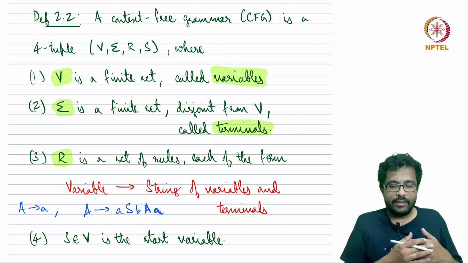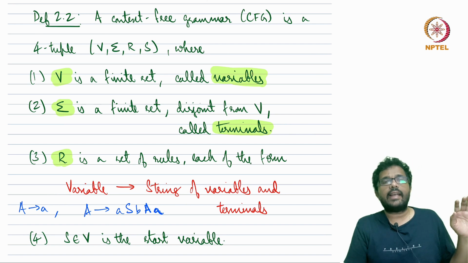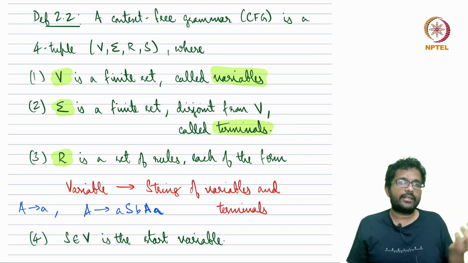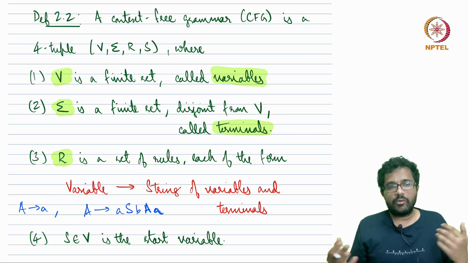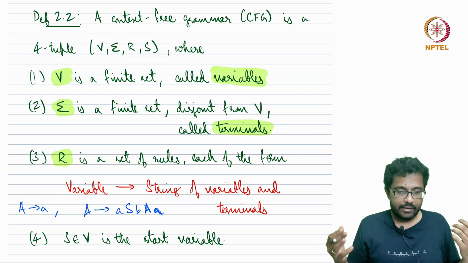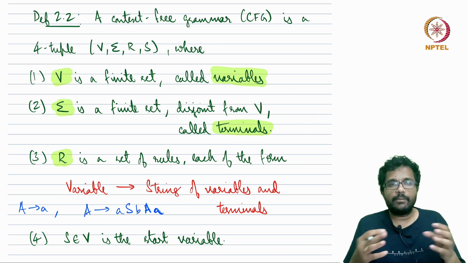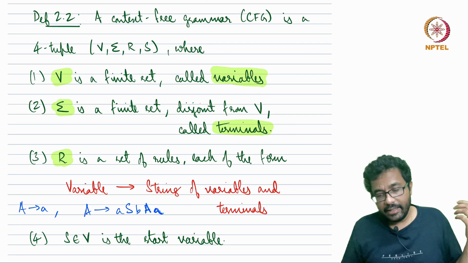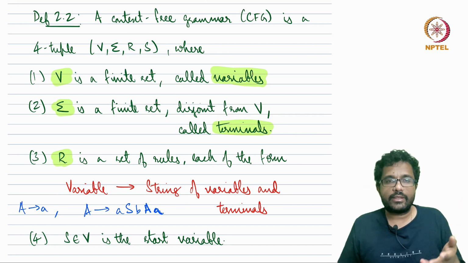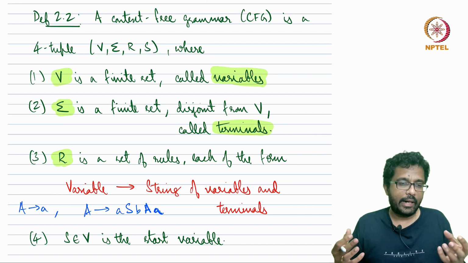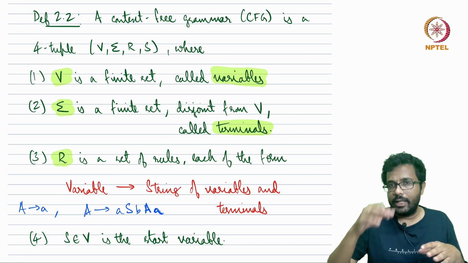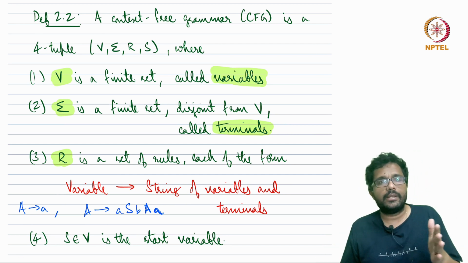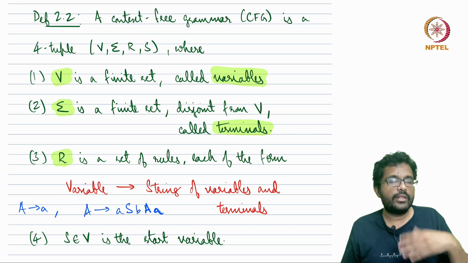Even though we call them terminals, in some sense this corresponds to the alphabet that we saw in DFAs, NFAs, etc. The string that is recognized by the DFAs would comprise symbols from the Sigma. Similarly, in a context-free language, all the strings will comprise only terminals, because this is what we are looking for. I don't want a string with variables in between. I want to replace all the variables by terminals using the rules again and again.